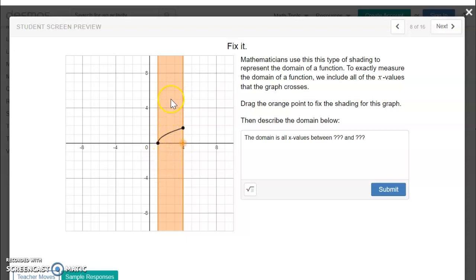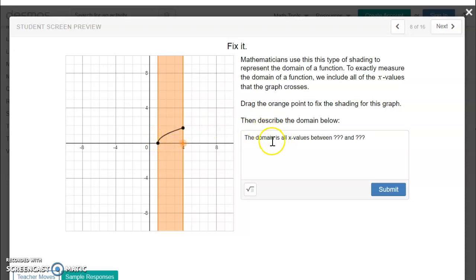And this orange region represents how far the graph extends on the x-axis, right? And what is the value? It extends from 1 to 4. So the domain in this case is all x values, because this line is made up of billions and an infinite number of tiny little dots representing x-y combinations, input-output combinations.